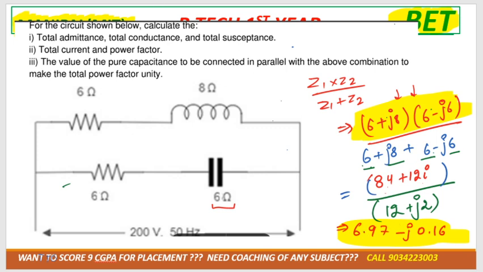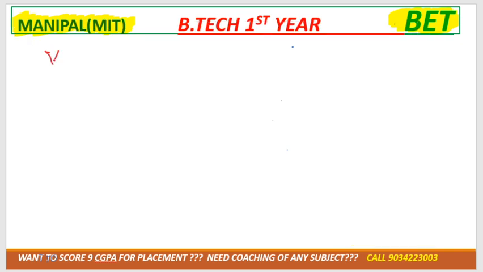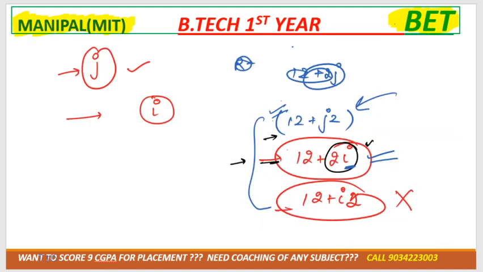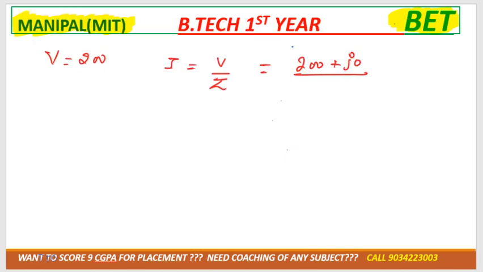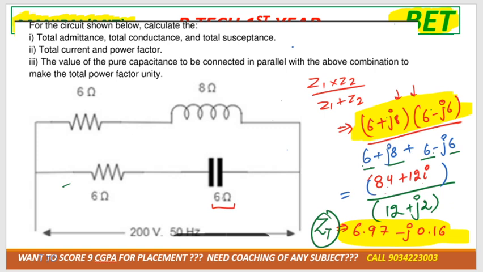So this is the final impedance value we got, ZT. So ZT we know, voltage we know. How much is the voltage? Voltage is 200. I is how much? V by Z. Voltage is 200 plus J0, and impedance we got as 6.97 minus J0.16.